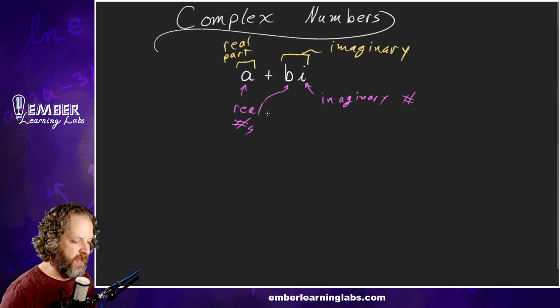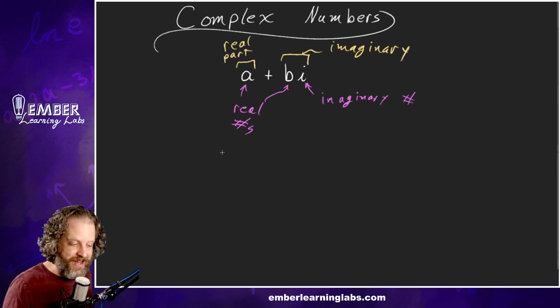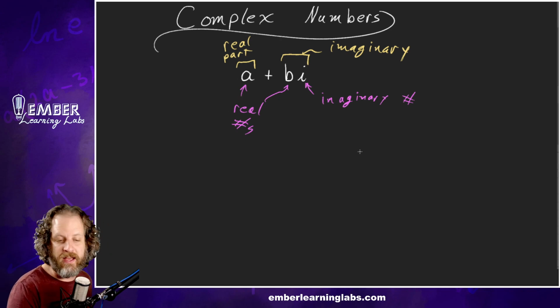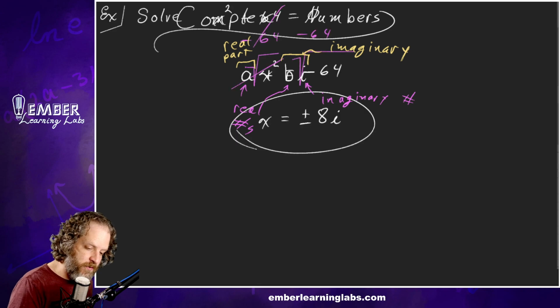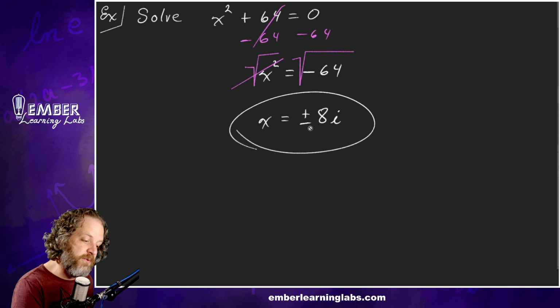They always look this way. You might not always have both. You always at least have to have this part, right? Or else it's not a complex number. It's a real number, right? So you always have to have at least this one, but you may or may not have a real part. Like that last example where we had 8i. It didn't have a real part. It only had an imaginary part.